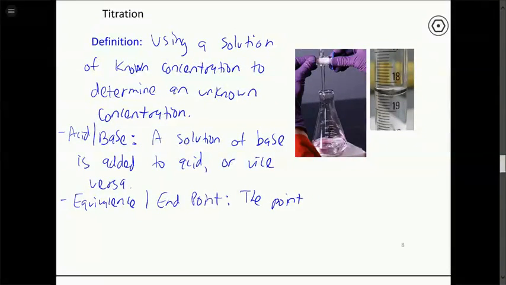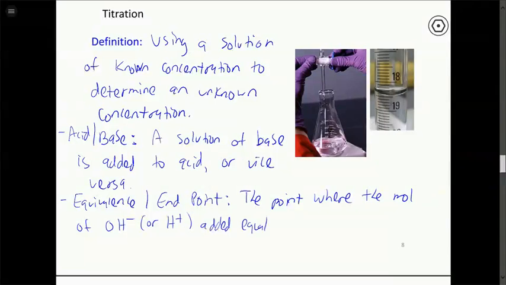The base has hydroxide, the acid has H+. So the moles of OH- that we've added, or the moles of H+ that we've added if we're doing an acid into a base, is going to equal the moles of H+, or OH- that we started with.